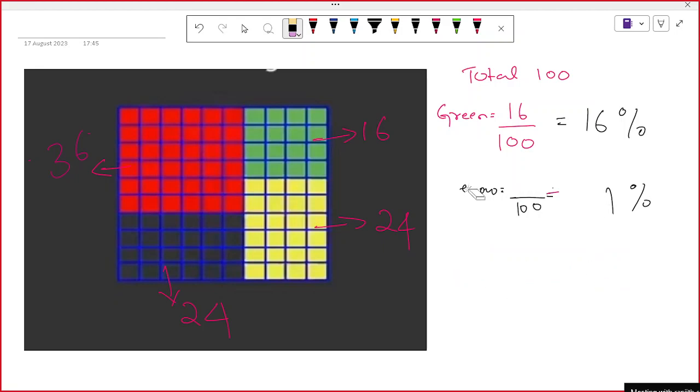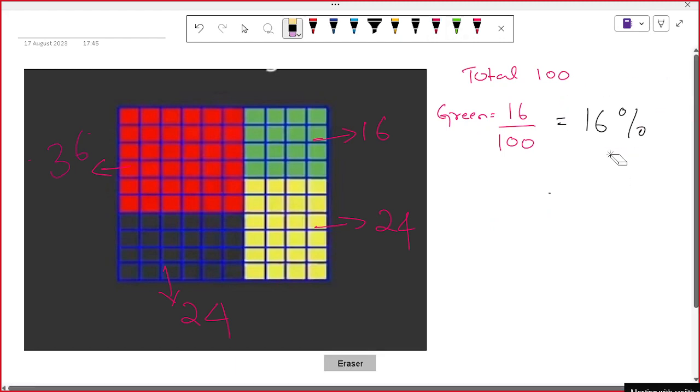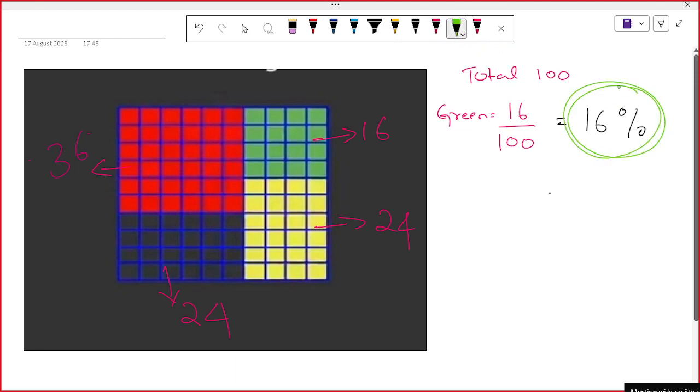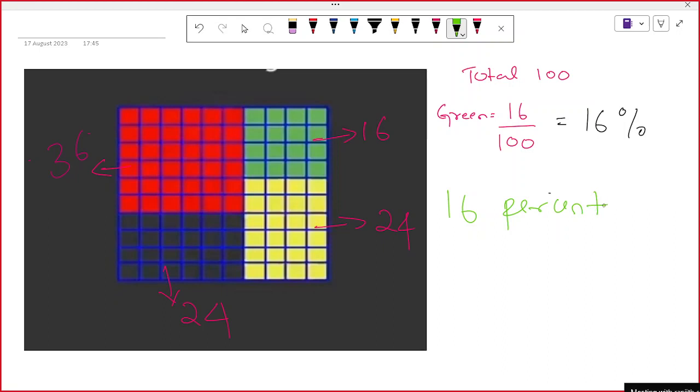Now, look here. By the definition, what is this known as? The one which I've circled. What do we call this? Percent. So what's the total? How do you call the total value? 16%, right? Yes. So 16 I write as it is. What do you mean by per?